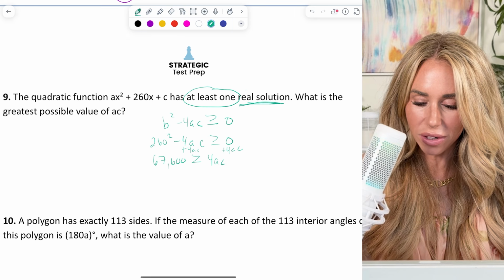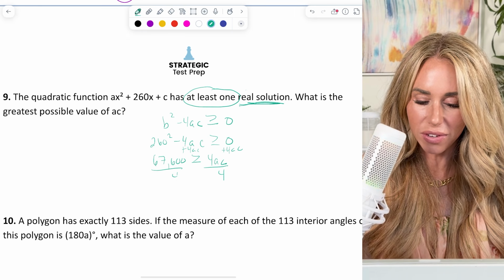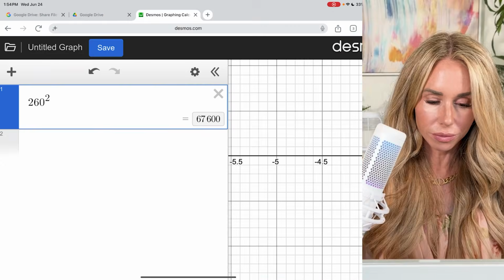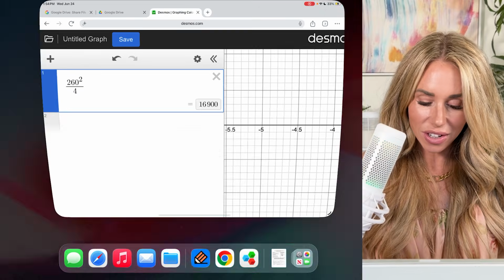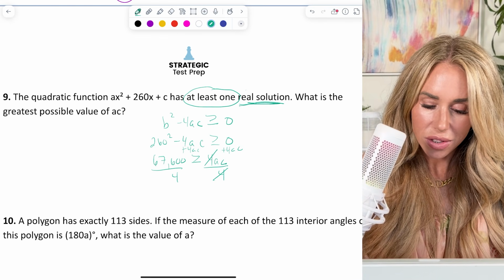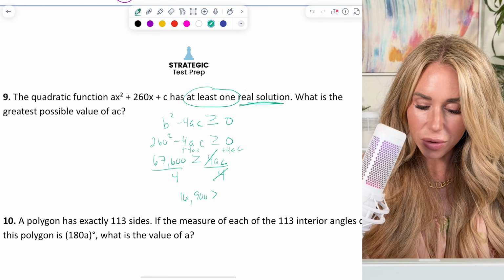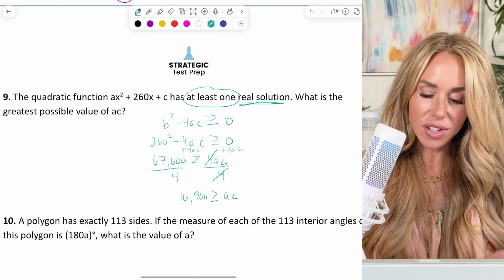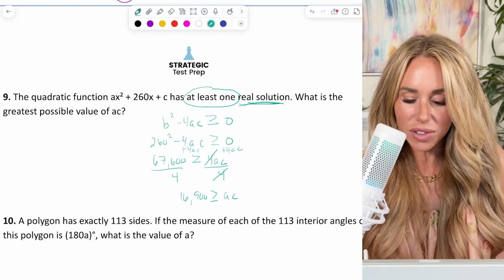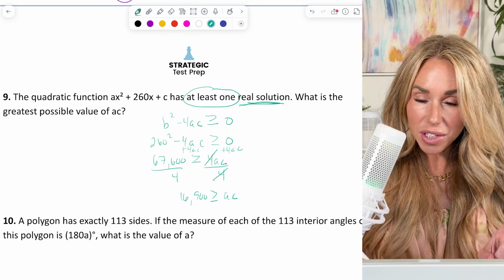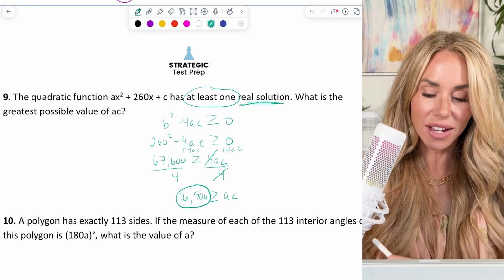So it's going to be greater than or equal to 4ac. We're going to divide it by 4. 16,900. So 16,900 is greater than or equal to AC. So that means AC is less than or equal to that. So the greatest possible value of it is 16,900.